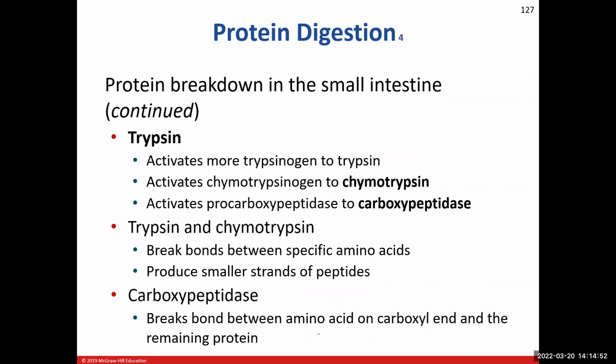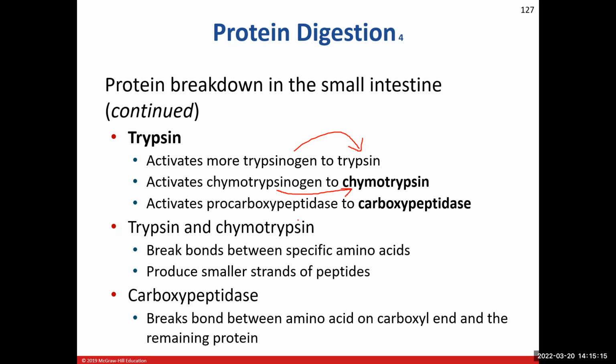Now, what happens with trypsin, check it out. It's going to activate more trypsinogen into trypsin. So it's almost like a positive feedback sort of reaction here. And then trypsin is going to activate chymotrypsinogen into chymotrypsin.